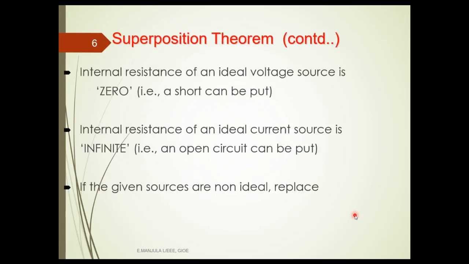The internal resistance of an ideal voltage source is 0, so a short circuit can be put. When there is an ideal voltage source in a network, we remove that source and replace it with a short circuit.